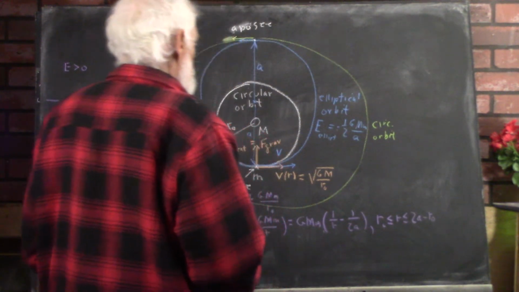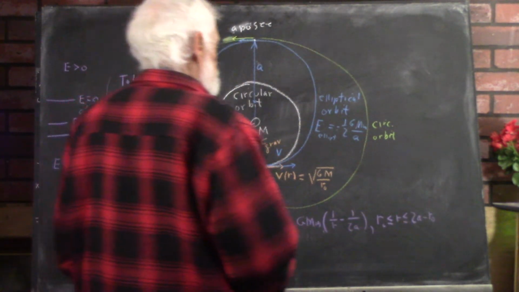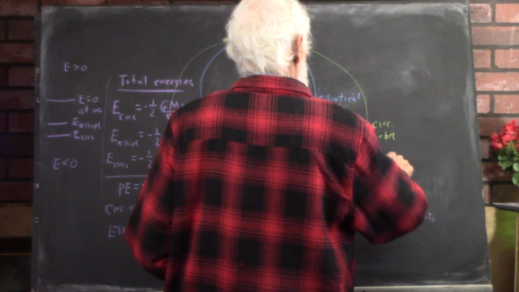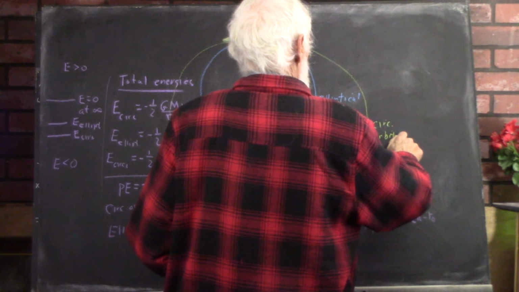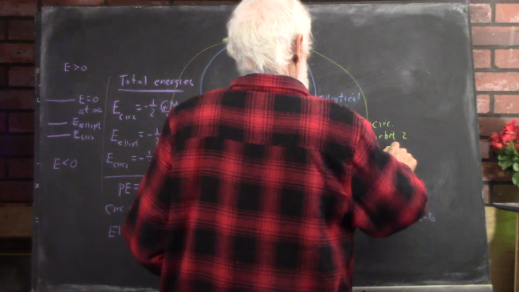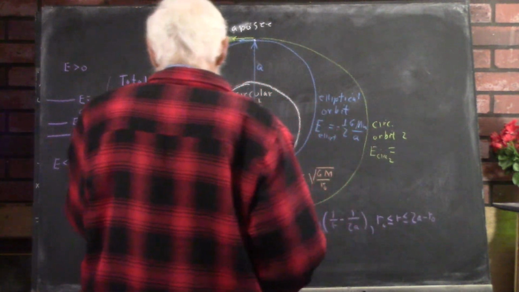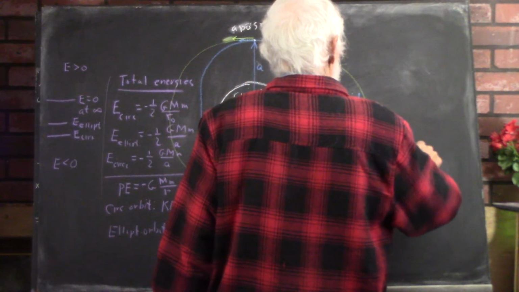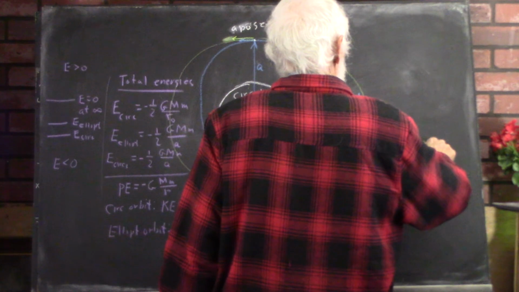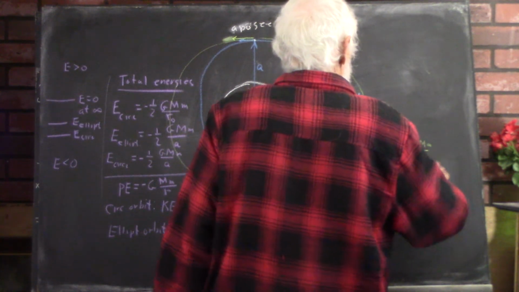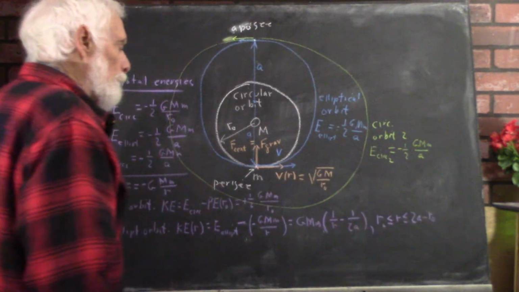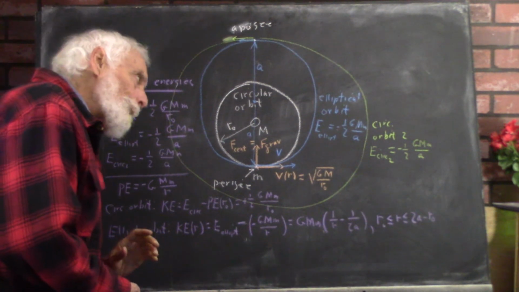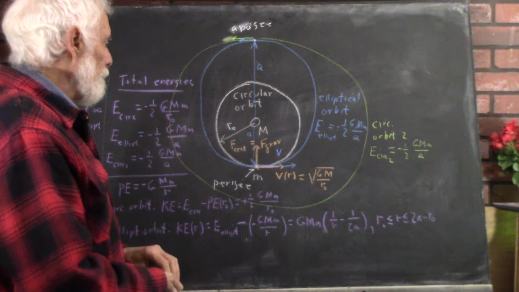And in your circular orbit, call that circular orbit 2, again, you have total energy -1/2 big G, big M, little m over a.